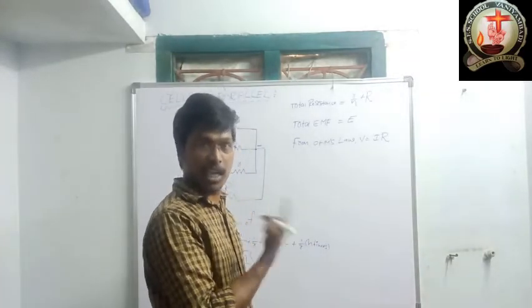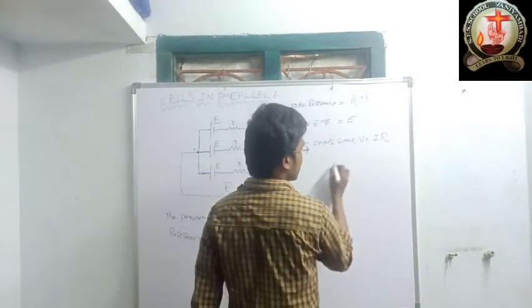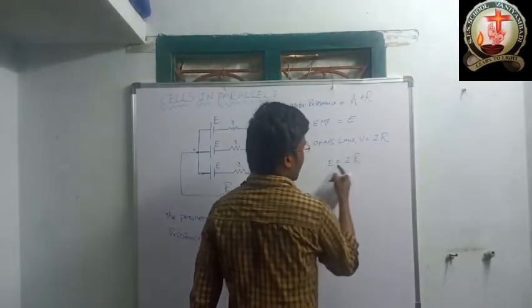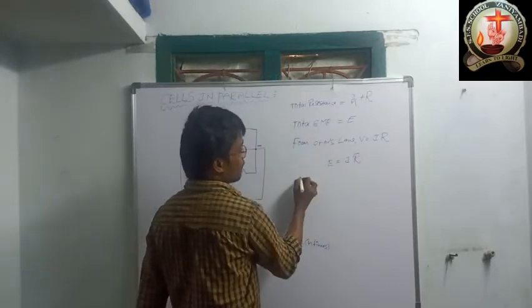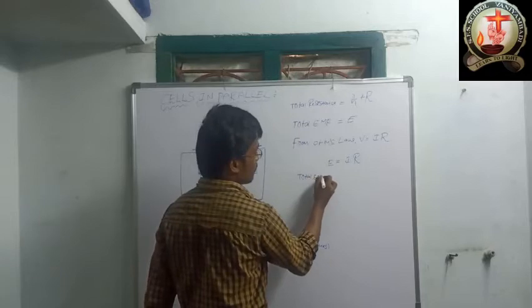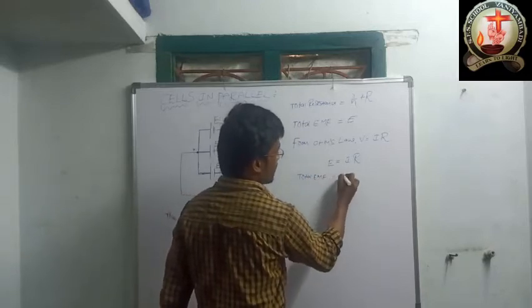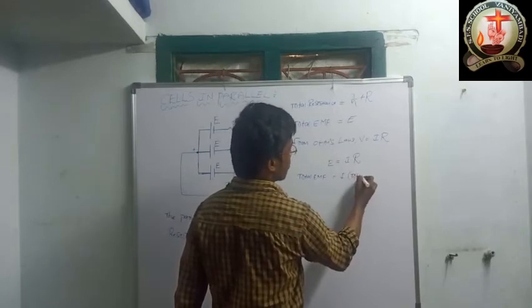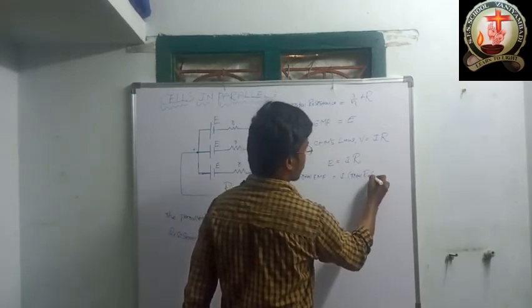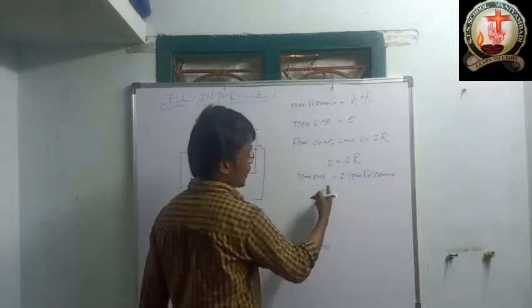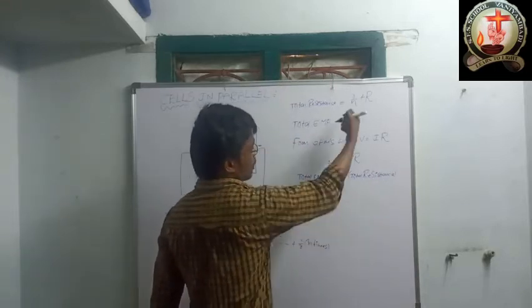So in the place of V I can write E. E is equal to I into R. Here E is the total EMF, and R is the total resistance.